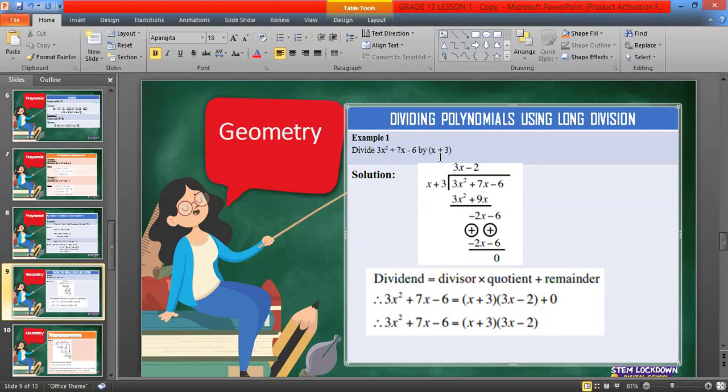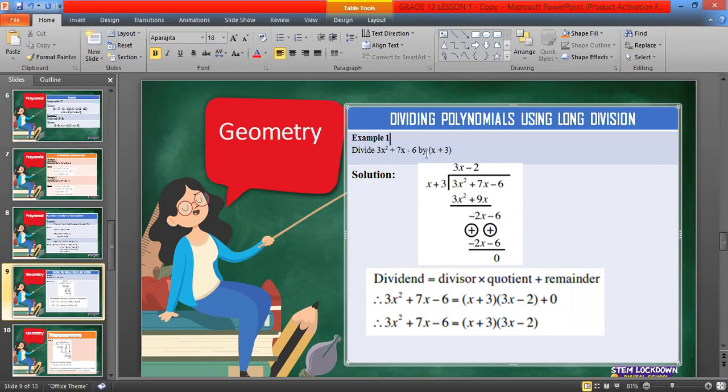So basically, every polynomial equals the divisor, what you're dividing by, multiplied by the quotient, the answer or value you get, plus your remainder.